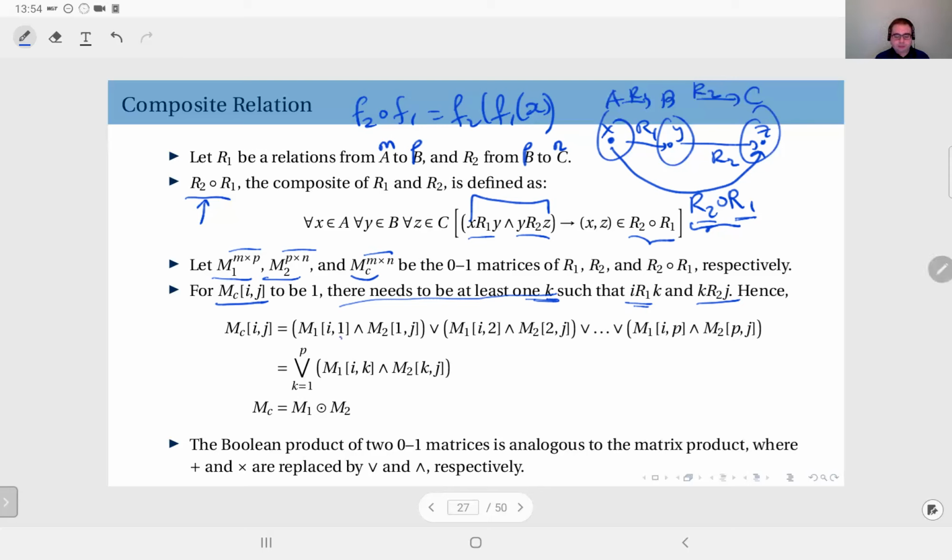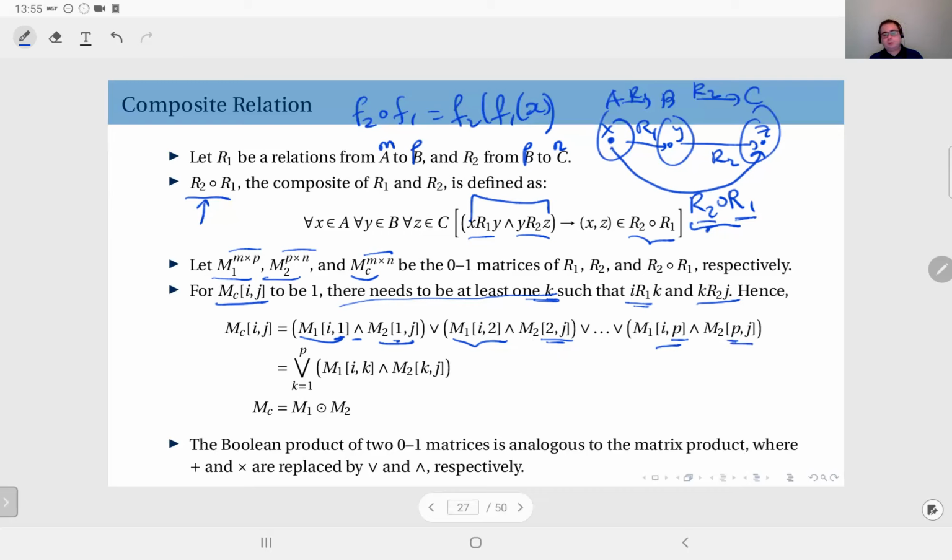Therefore, if that common element is 1, M1 i1 and M2 1j, or if it is not 1, maybe it is element 2 in set B: i in A is related to 2 in B, and 2 in B is related to j in C. Or it's not 2, it's 3, or it's 4, or maybe the final element, number P. i is related to P, and P is related to j.